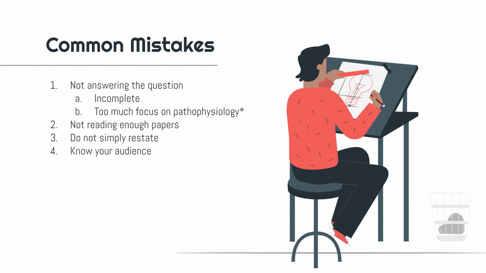The other thing is not reading enough papers. It may come as a shock, but if you are given a 15 citation allotment, you should be reading at least 15 papers. And the recommendation that I personally give to whoever I talk to is you should probably be reading double if you want to do really well. That does sound like a lot for most second-year students who haven't had a lot of experience reading papers, but it ultimately comes down to reading the right part of the paper and going through the right stages of that reading process.